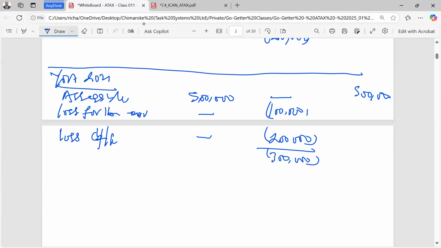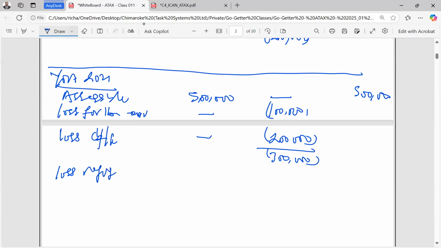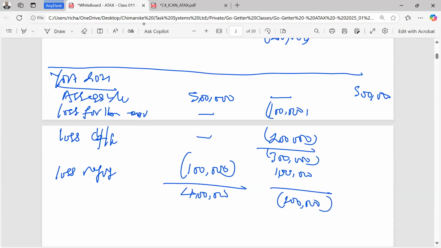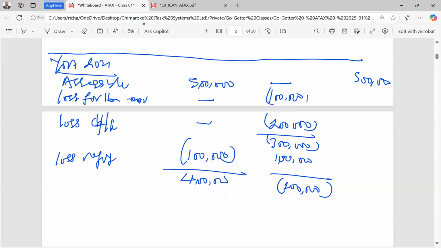The only loss that is available for this 500 is this 100. So you say loss relief, you take 100 here. This is the only one you can clear. So 100 will be cleared, and 400 will remain. And this one will be carrying the 200. You cannot clear this 200 until you get a profit.